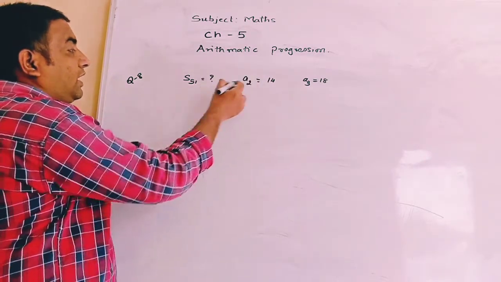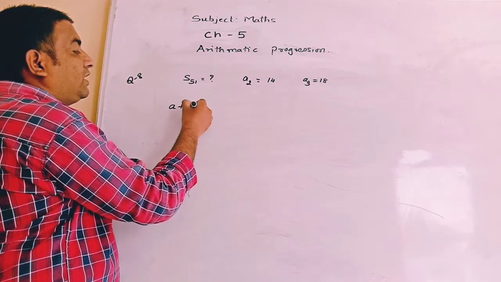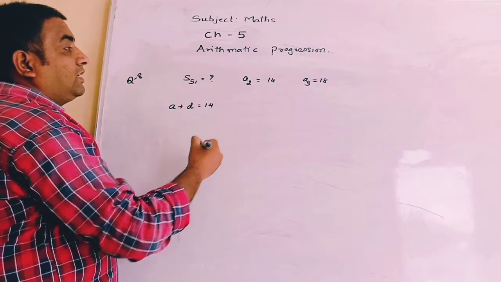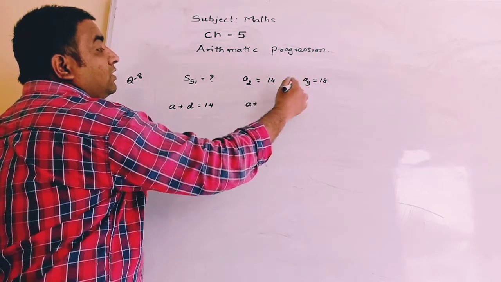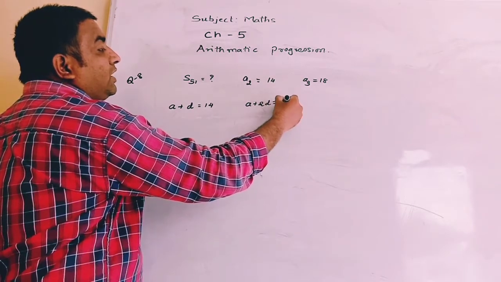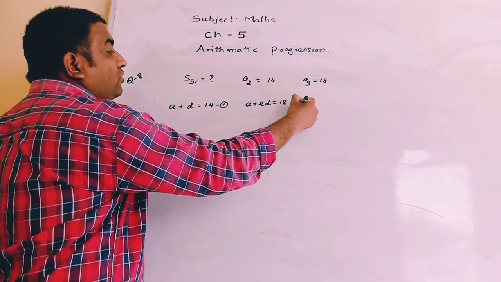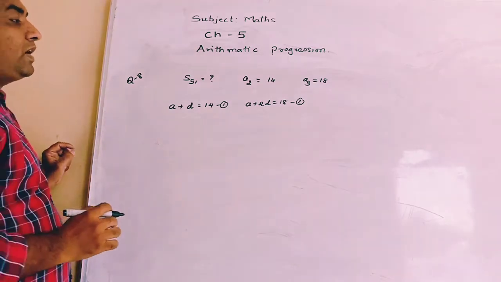So for A2, A plus 2 minus 1, that means D, equals 14, and A3 equals A plus 3 minus 1, that is 2D, equals 18. So here equation 1 and equation 2 are there. To eliminate A, we subtract both the equations.